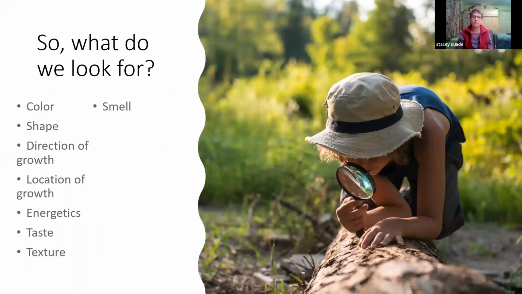So what do we look for? Again, we're looking for color. We're looking for shape. How does it smell? What does it taste like? The energetics of it, like, is it a cooling remedy or is it something that's going to heat you up? What kinds of textures are involved? Is it dry and scrapey? Is it prickly? Is it smooth? Is it oily? All of those things we're looking at and trying to understand what it matches with our bodies.